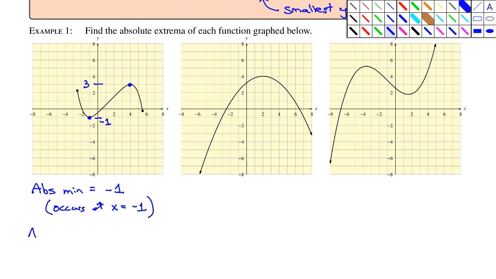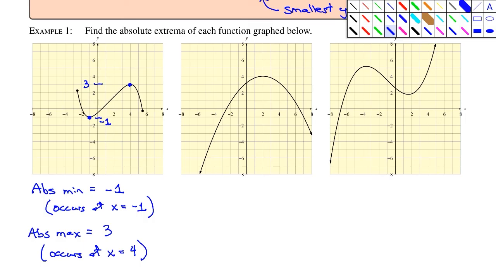And the absolute maximum is equal to 3, and that occurs at x equals 4. So in this problem, we had both an absolute min and an absolute max.